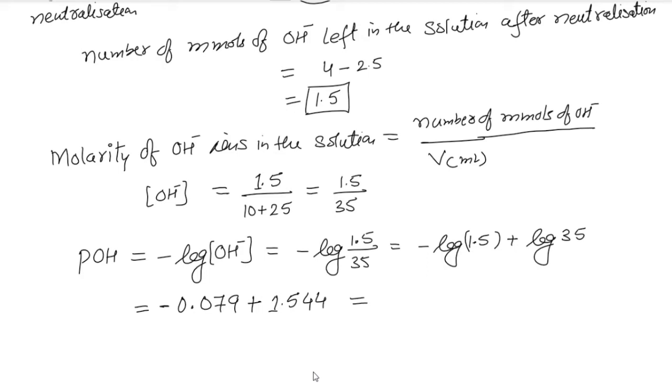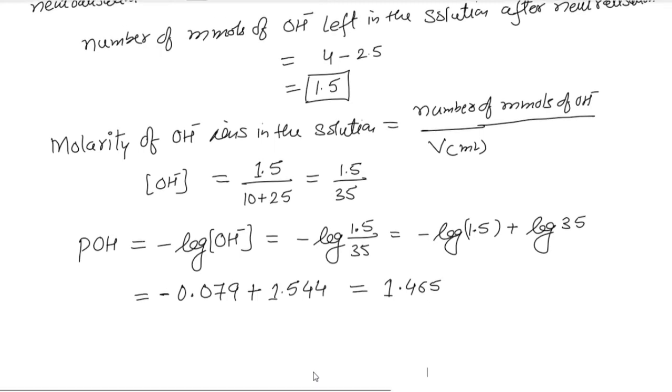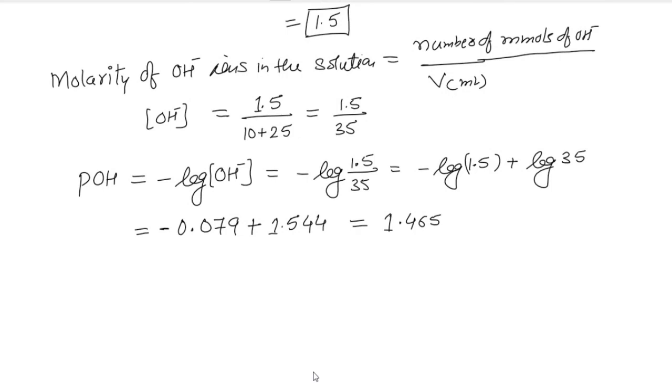So 1.544 minus 0.079 comes out to be 1.465. From this, pH plus pOH is equal to 14.